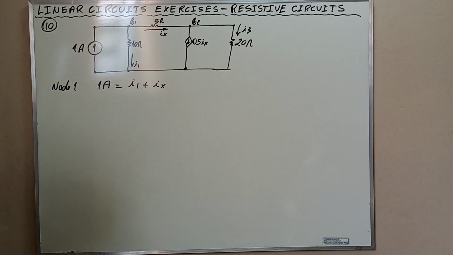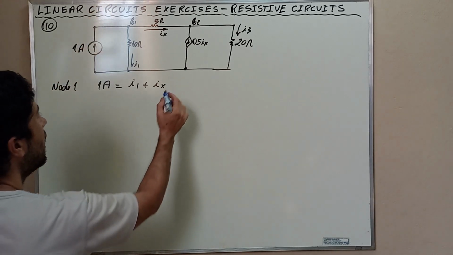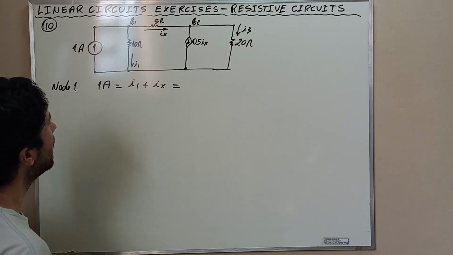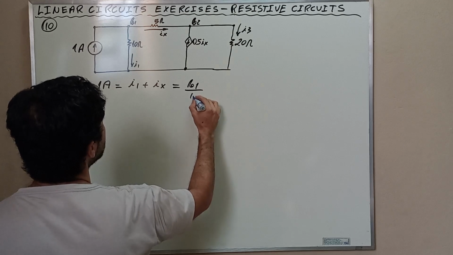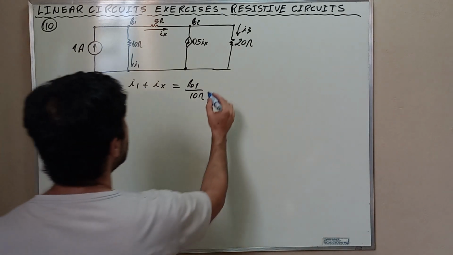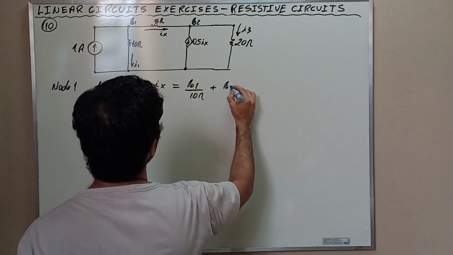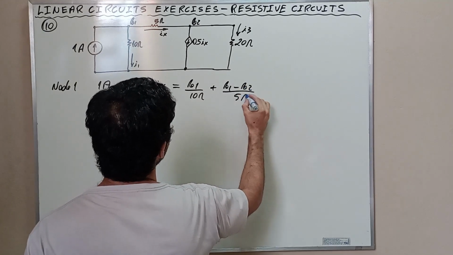We have to write them in terms of voltage and resistance. How do I write I1? I1 can be written as V1 divided by 10 ohms. Okay? And how about Ix? Ix is equal to V1 minus V2 divided by 5 ohms.